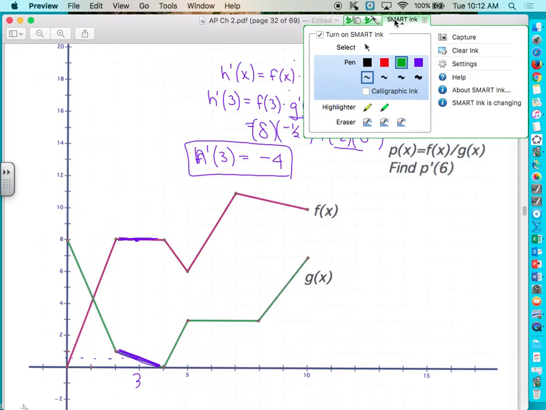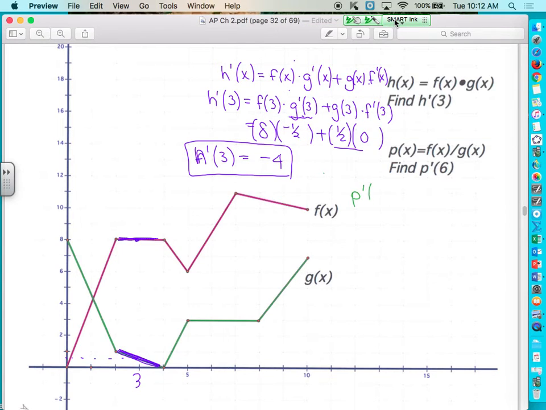We need our quotient rule to start. So p prime of x would be the bottom function times the derivative of the top, minus the top function times the derivative of the bottom, all over the bottom function squared.